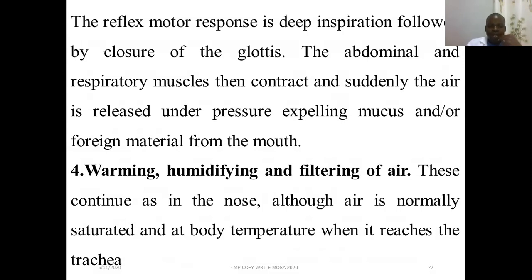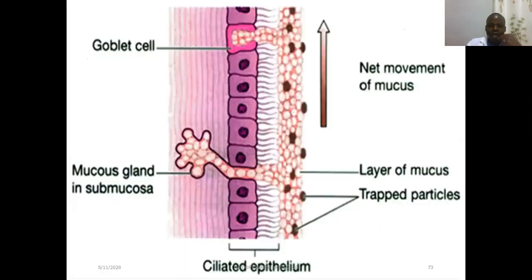This continues in the nose, although air is normally saturated and at body temperature when it reaches the trachea. Just like the nostrils do warming, even the trachea also does that, because the cilia are able to filter out some dust particles so that the air that reaches the lungs is okay.